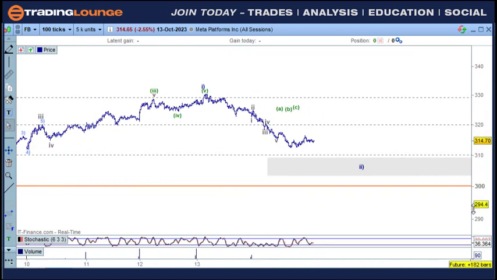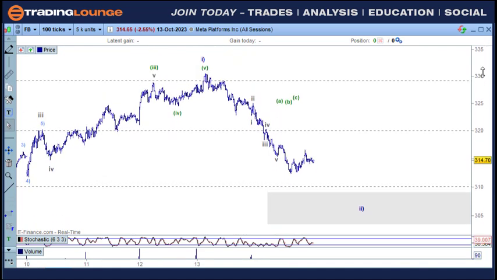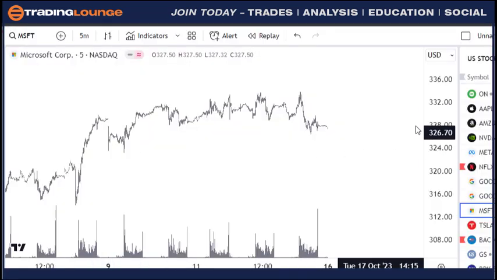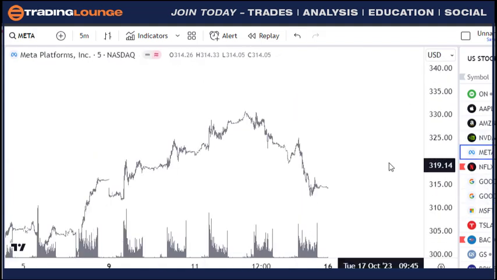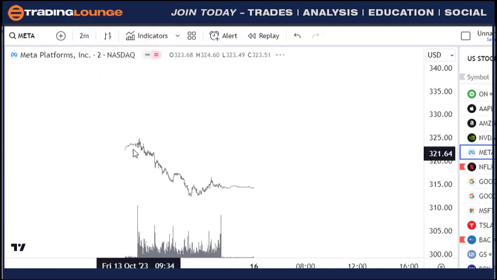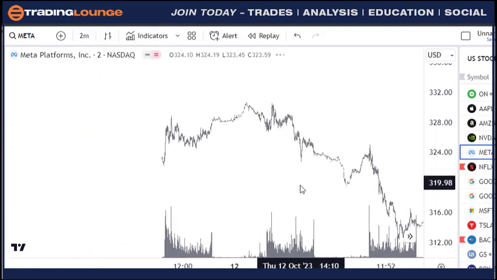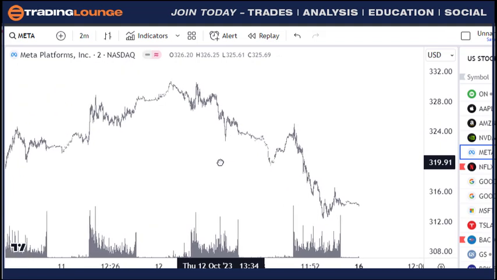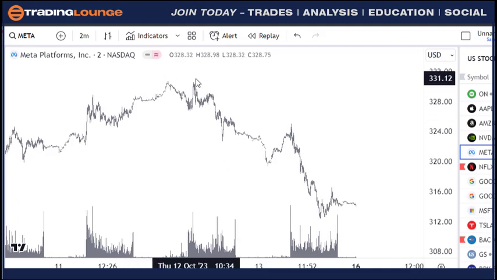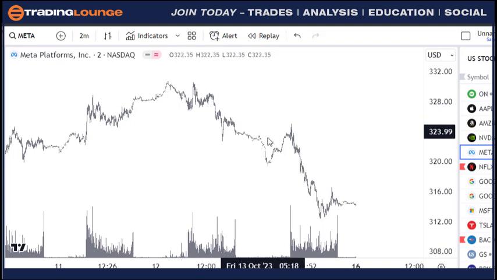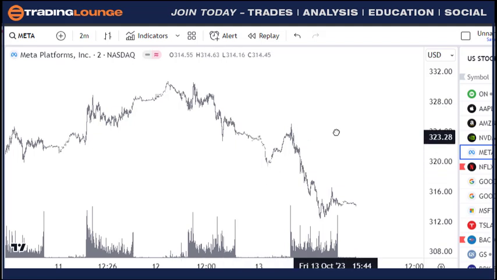This is another one like NVIDIA. I have had a look at it, and I can see that there are different ways, depending on whether you look at the aftermarket and things like that. So if I look at the aftermarket for Meta, I could look at it as 1, 2 here, and then 1, 2, 3, 4, 5 for the third wave, fourth wave, fifth wave for the A wave here, the B wave here, and the C wave.